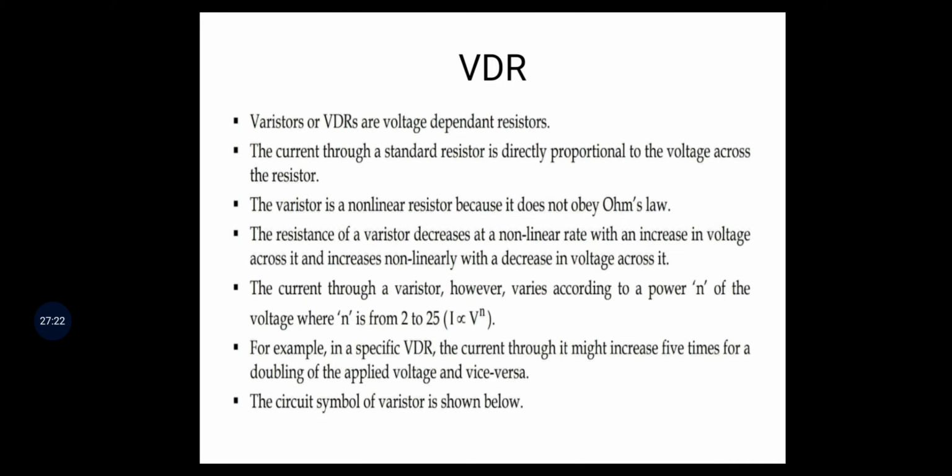The current through a varistor, however, varies according to the power n of the voltage. So I is proportional to V power n, where the n value is between 2 and 25.